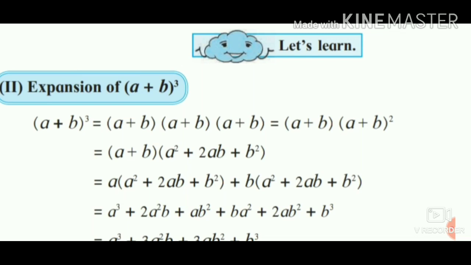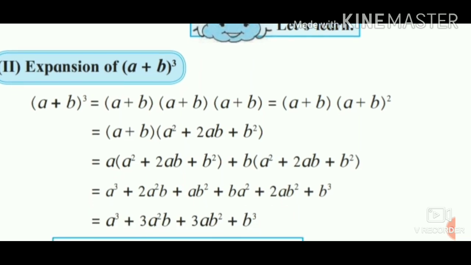So b into a square will be ba square, plus b into 2ab will be 2ab square, because there are 2 b's, plus b into b square will be b cube. Okay, next: a cube plus 2a square b plus ab square plus ba square plus 2ab square plus b cube.